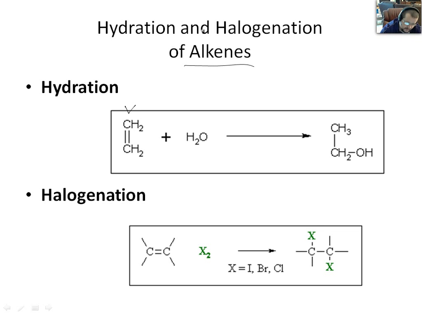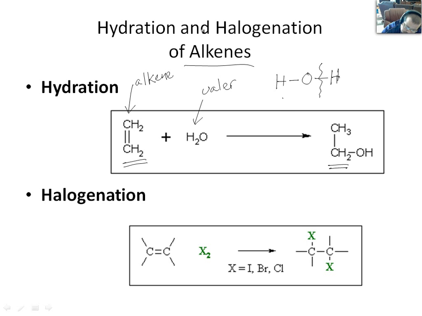So on the left here, I've got my double bond, which makes this chemical an alkene. And I've got a water. Now what happens here in going from where I start to where I finish is I'm going to take this water molecule and I essentially split it into 2 parts.